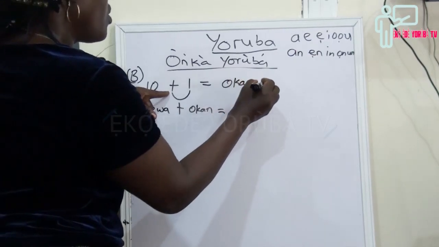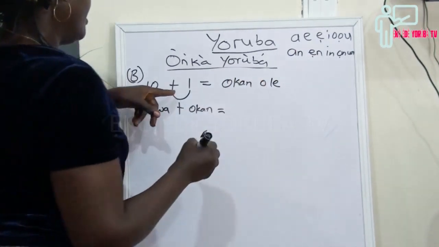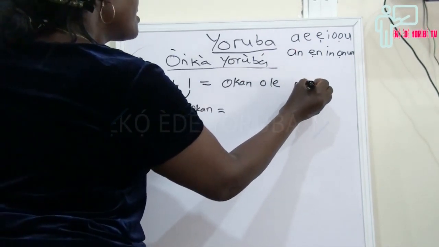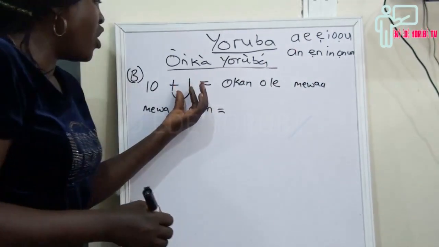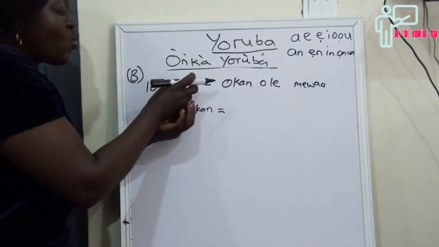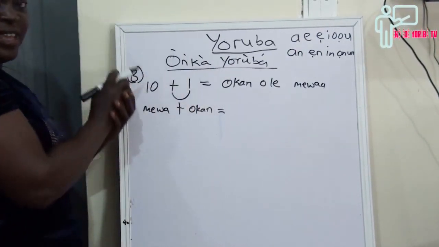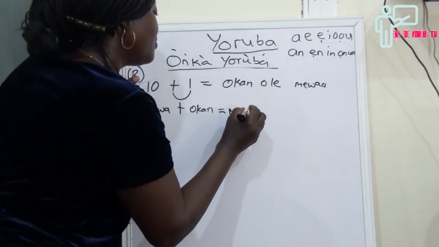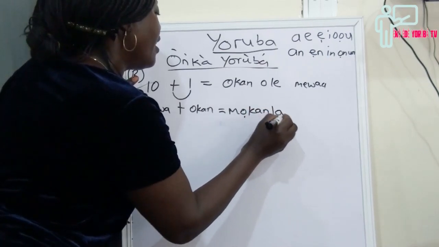Ọ̀kan, ó lé ẹ̀wá. What is the meaning? That is, one is added to 10. So it now becomes mọ́kànlá.